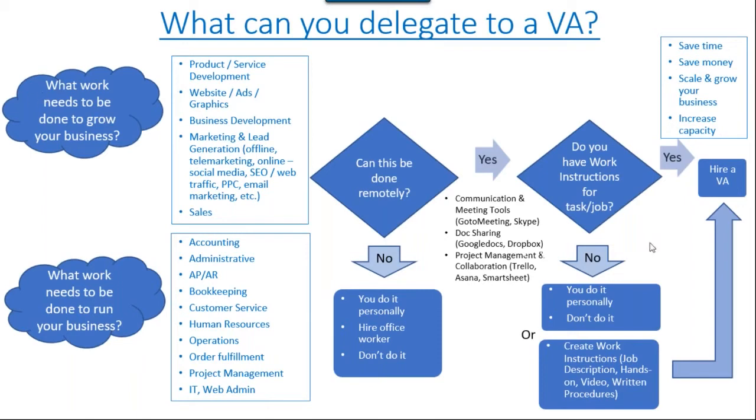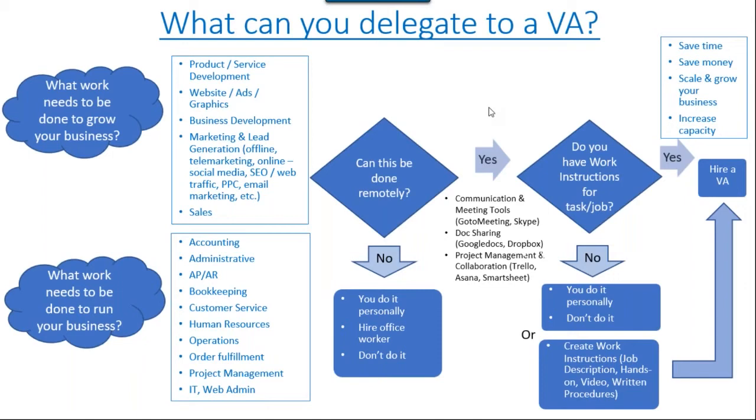And then if it can be done remotely, which I'll tell you in many cases, a lot of these different activities can be done remotely, then do you have work instructions for this particular job or task? Because if you want to have somebody else do it, you've got to teach them or train them to do that.